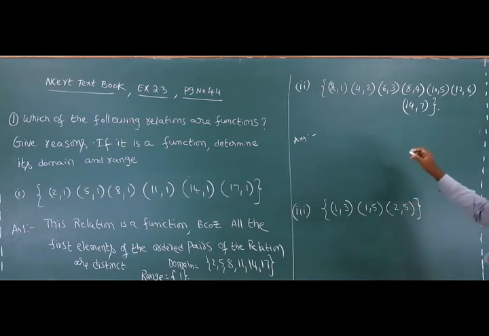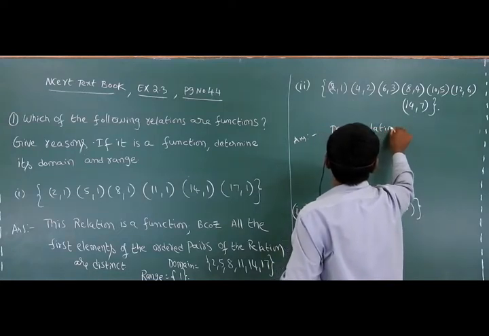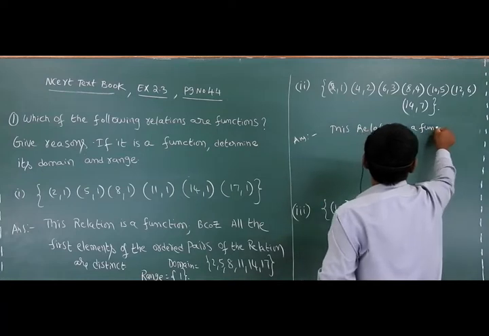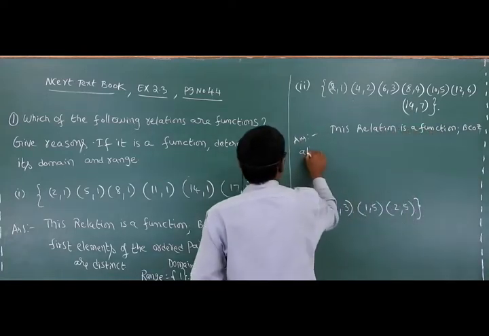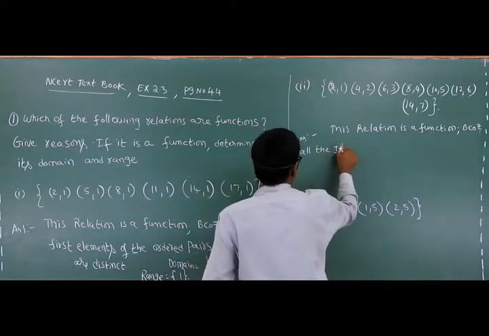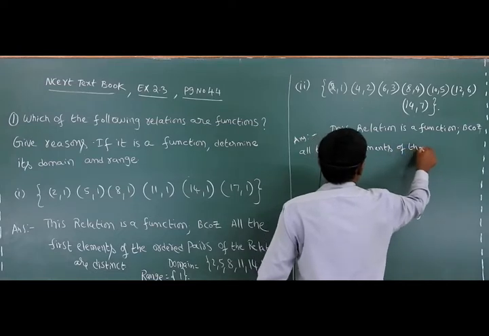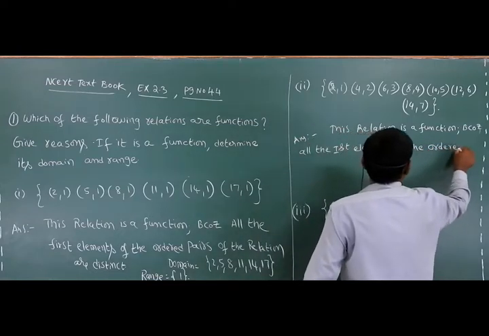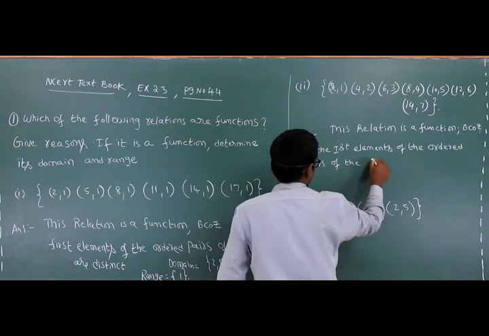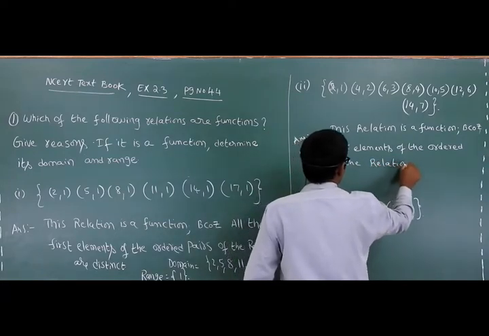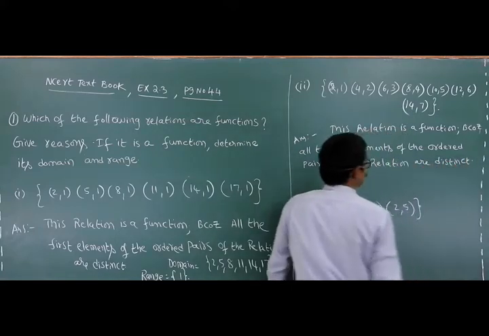You can write that reason: this relation is a function because all the first elements of the ordered pairs of the relation are distinct. So it is a function.